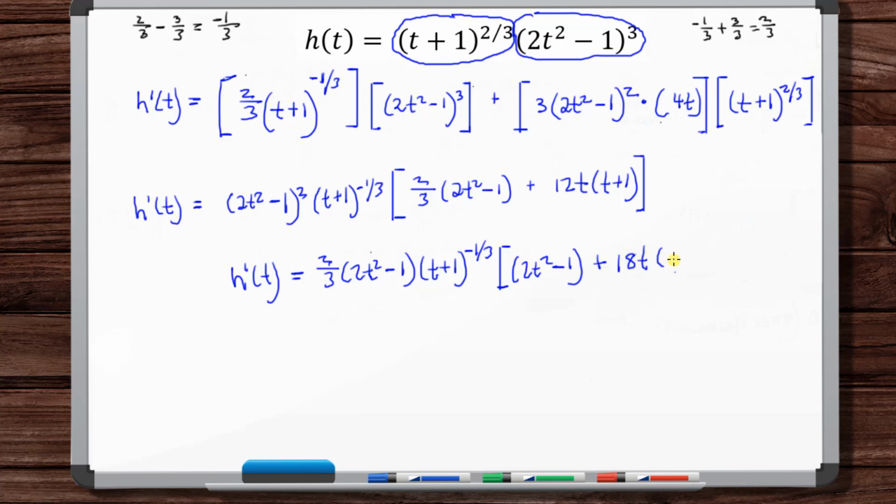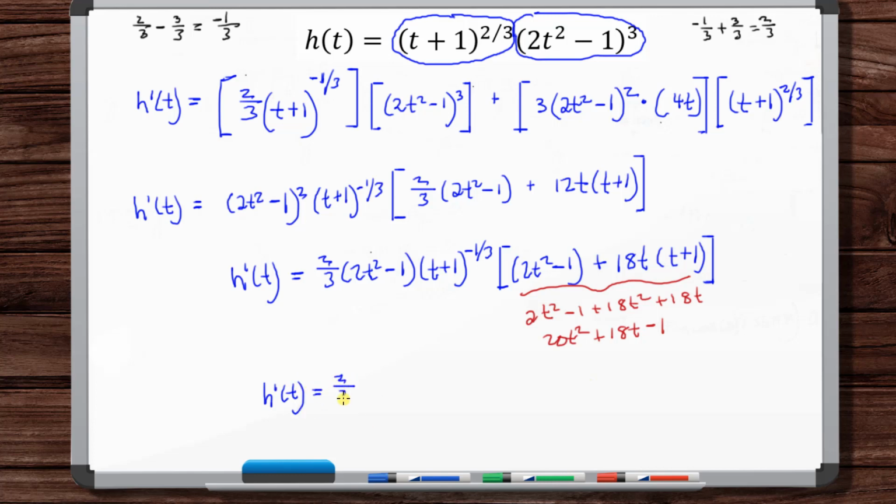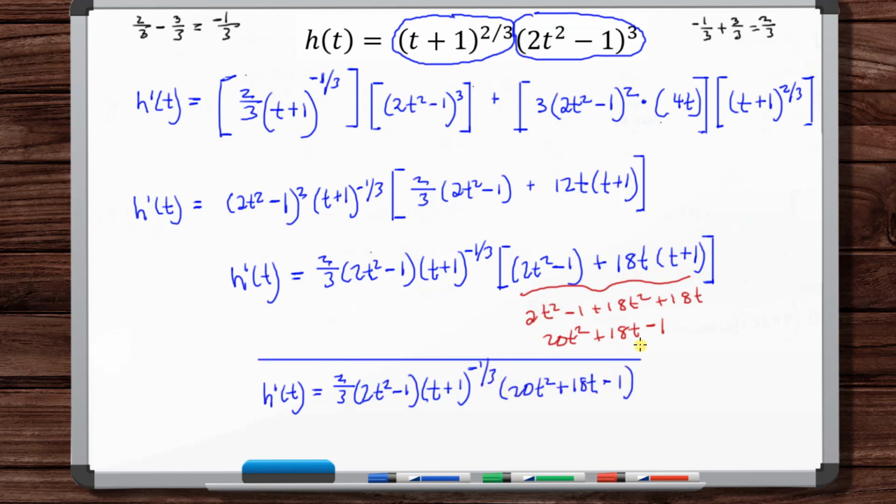That's where the fraction goes away. Right, 2/3 times 18 is 12. So what we're left with, and that is your answer.